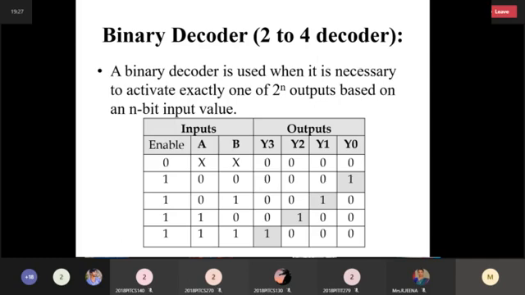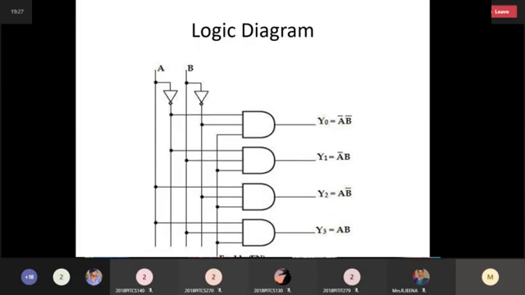So how to draw the diagram? First, A is 0, B is 0. So we take A complement, B complement and the enable input. Both go to an AND gate, so the output will be A bar B bar.